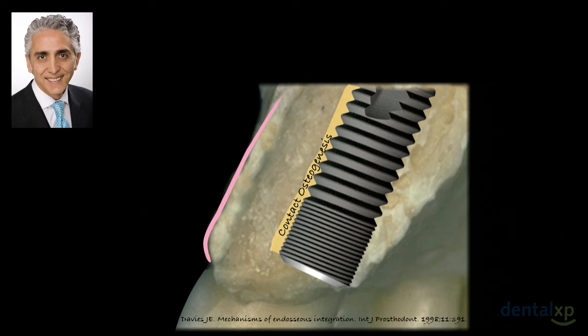And for this form of bone formation, the surface of the implant is very important. And then we have the bone that's forming from the parent bone, that's called distant osteogenesis. So you have contact osteogenesis and distant osteogenesis. And you can see that if you have contact osteogenesis, you always have bone on the implant.